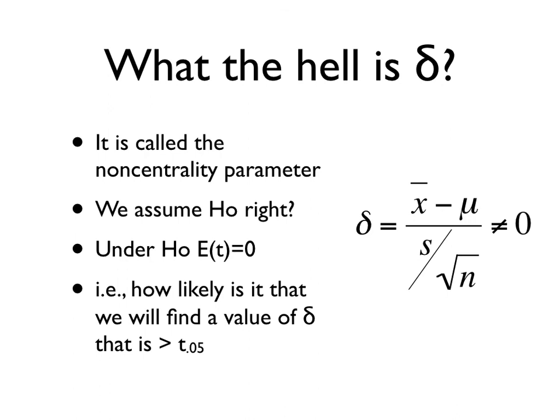If you're ever interested, that's what it is. But it's basically the idea of what's the value of t given a certain power, given a certain effect size. It's basically used to allow us to do power calculations for a t-test.